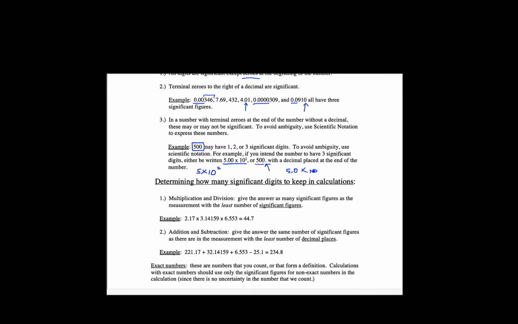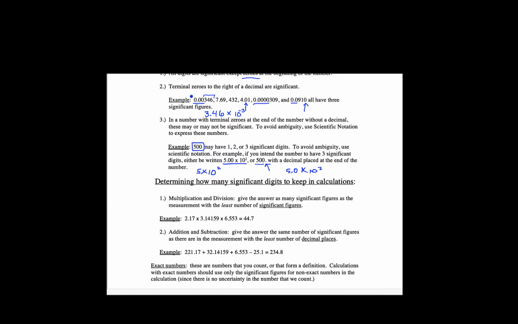We really can do pretty much anything we want with scientific notation, and I generally recommend that you use scientific notation to avoid ambiguity. For example, up here in this example 2, when I have 0.00346, one of the ways that you know that these leading zeros are not significant is if you were writing this number in scientific notation, you would write 3.46 times 10 to the minus 3.